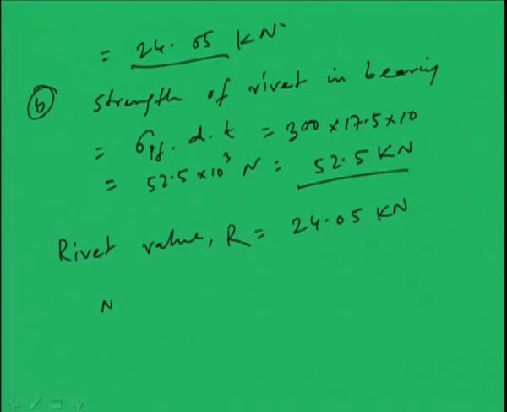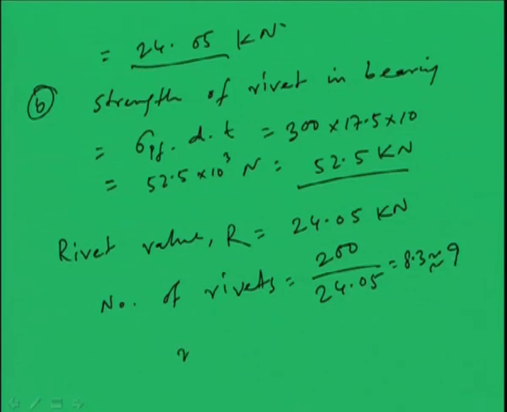Now we can find out the number of rivets required to bear the load of 200 kilonewton. So 200 kilonewton by 24.05. So this is becoming 8.3. That means around 9 rivets will be required to bear the 200 kilonewton load as tensile force.